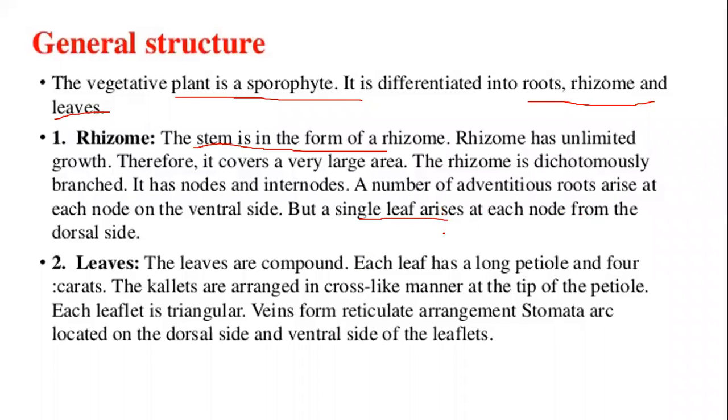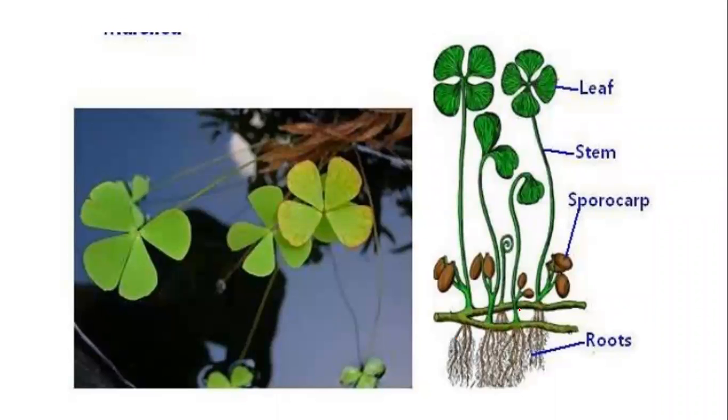Let me show you the picture over here. You can see this is the rhizome part, which is growing horizontally. Here I'm showing you the presence of the nodes, where from each node on the ventral side, that is below the node, we can see the root development.